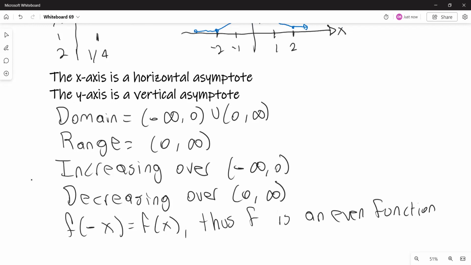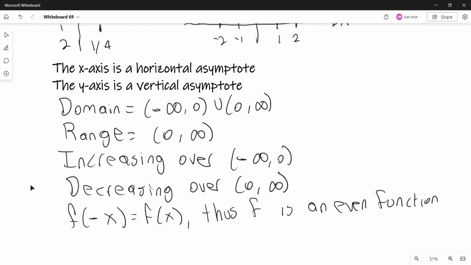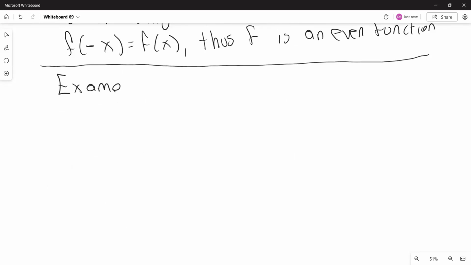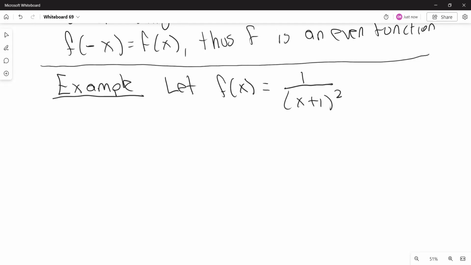Okay, so I'm doing an example with a transformation of 1 over x squared. And I'm going to tell you how to find the asymptotes without graphing the function. So let f of x be 1 over x plus 1 squared minus 2.